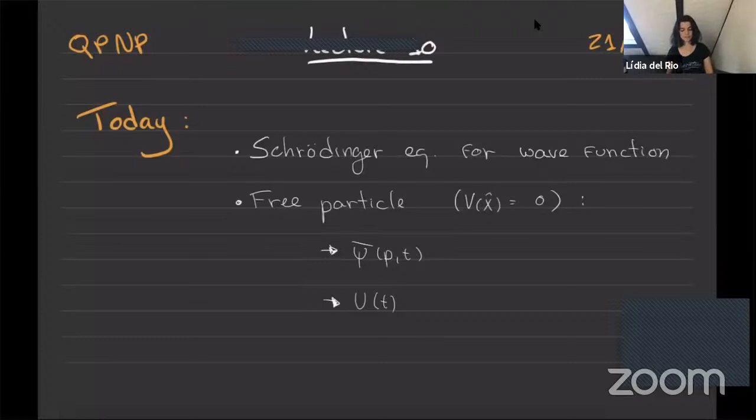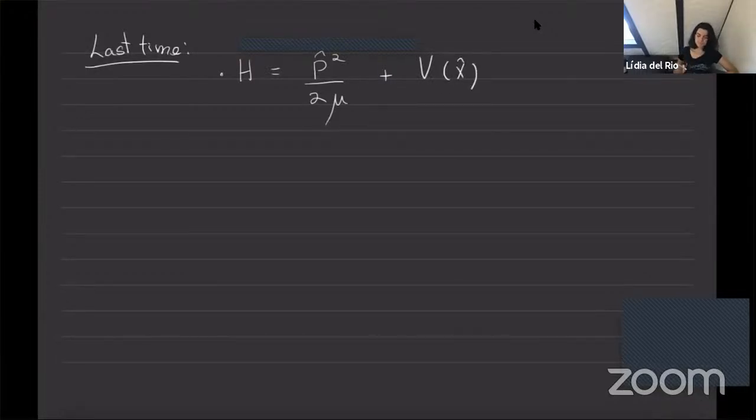All right, so let's start with what we did last time. Last time we've been looking at Hamiltonians of the form H is the momentum squared over 2 times the mass of some particle of our system, plus some potential that depends on the position.